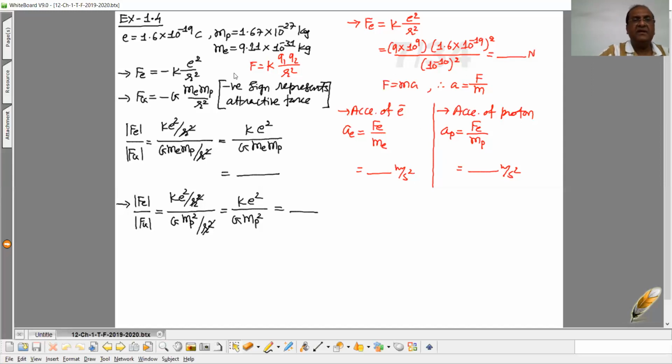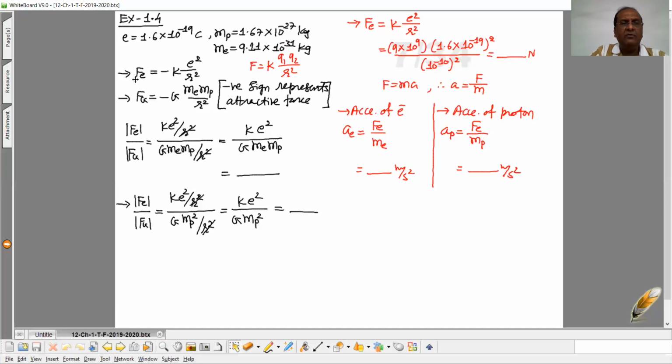Now see, charge on electron and proton, e equals 1.6 into 10 raised to minus 19 coulomb. Mass of proton 1.67 into 10 raised to minus 27 kilogram, mass of electron 9.11 into 10 raised to minus 31 kilogram, given to you.